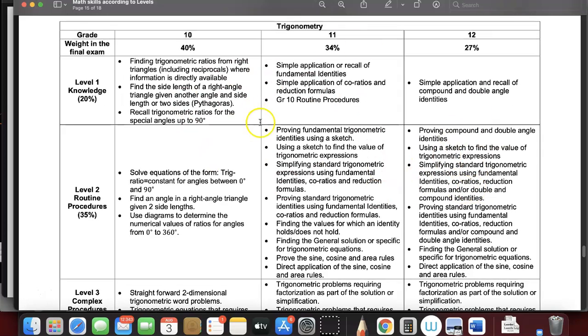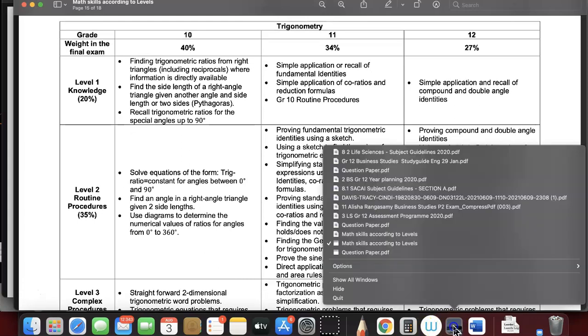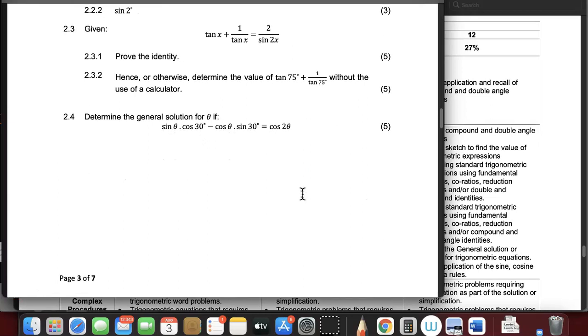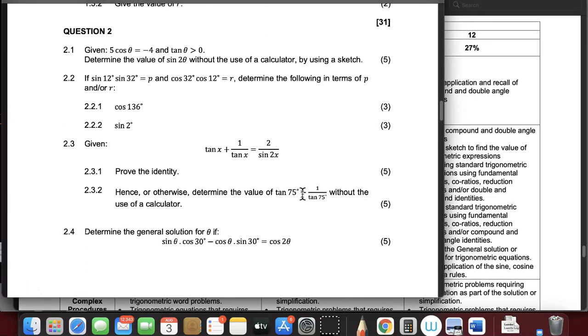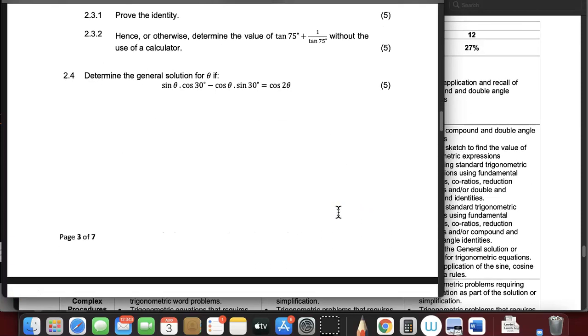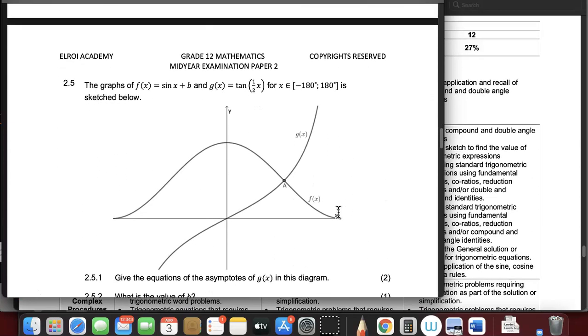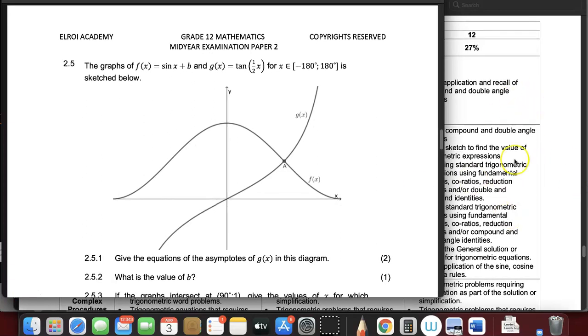So I'll make another video in which I actually just do the questions in the test, because you'll see that just by doing what we just did, I can do all of these questions. I didn't do graphs. The graphs are under the trig and the functions and graphs in here.